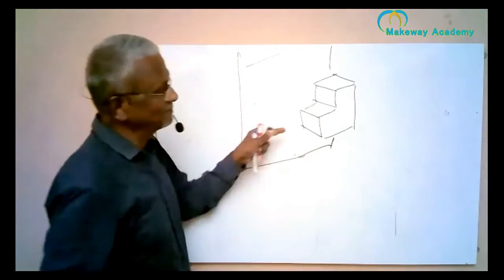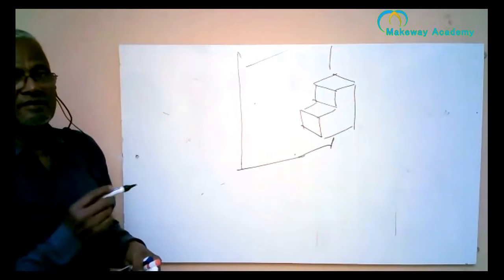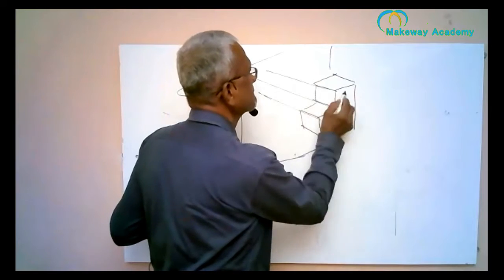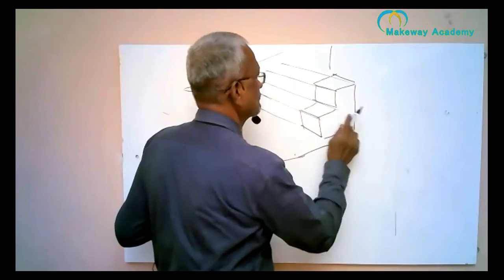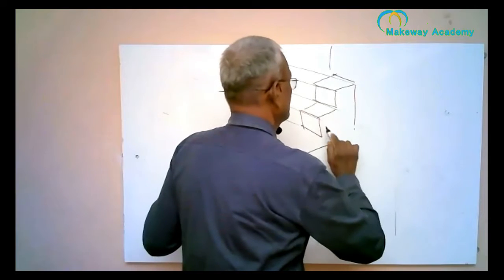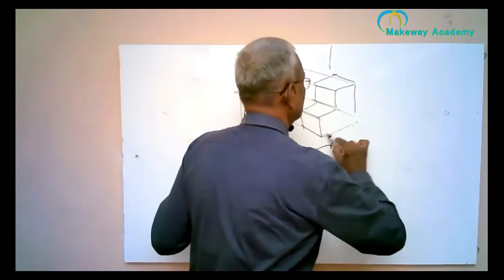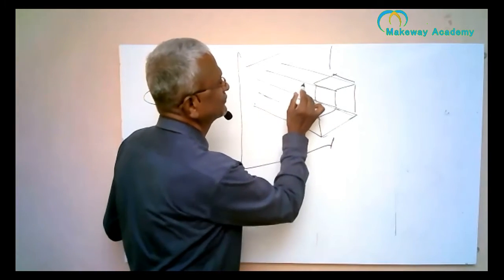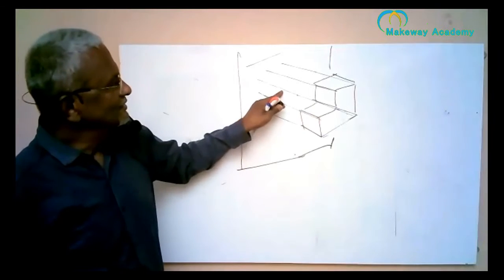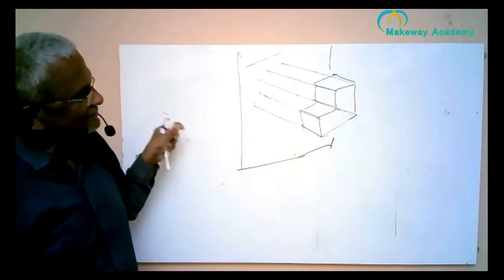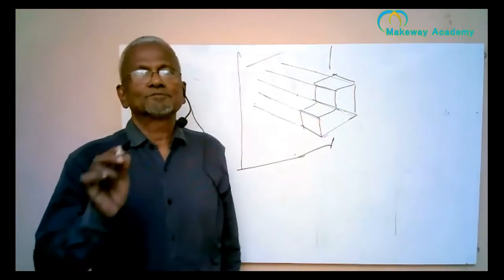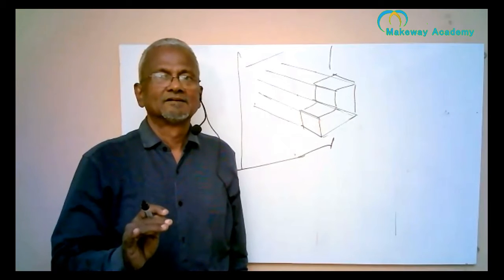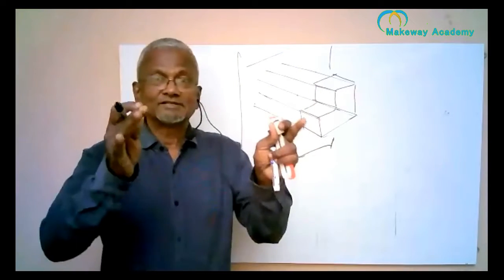They have kept a vertical plane behind the object. And then how do I get the projection? By drawing projectors. So these are projectors. Projectors have been drawn. How many projectors? 1, 2, 3, 4, 5, and 6 projectors. The fifth and the sixth projectors overlap. As I said before, the projectors are perpendicular to the plane, and they are drawn from the edges of the object.